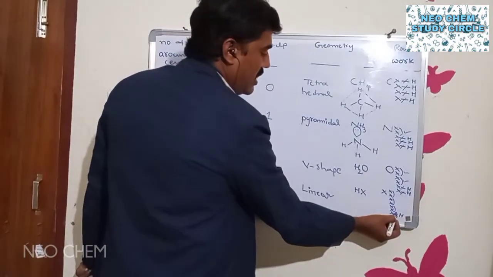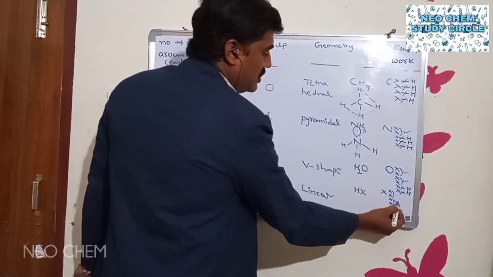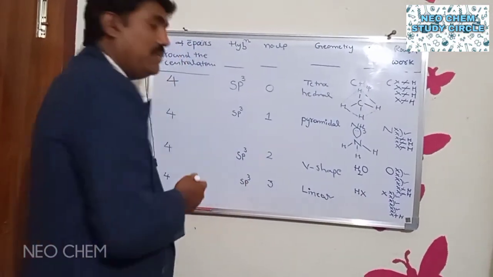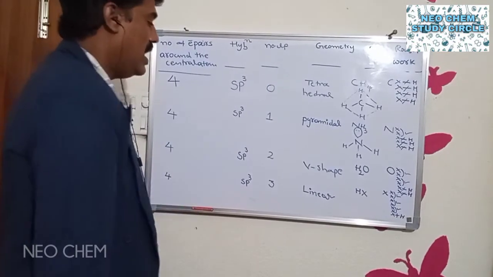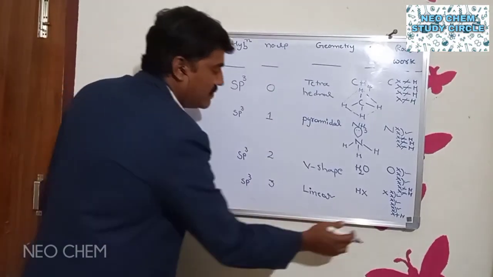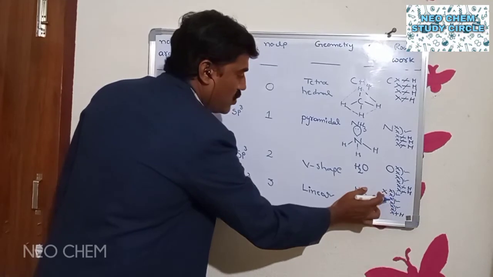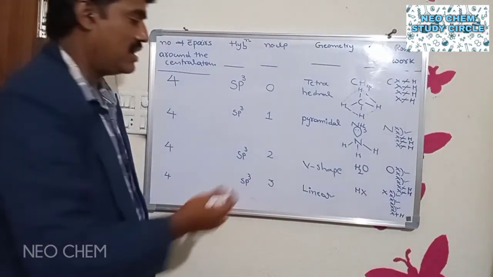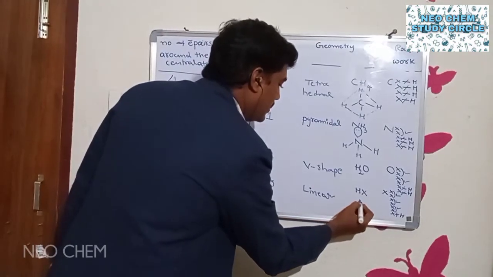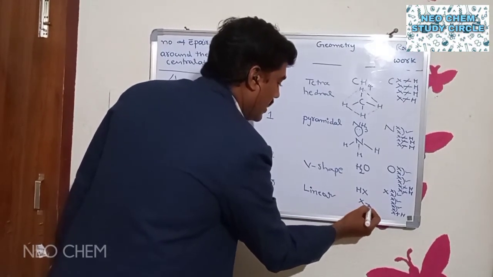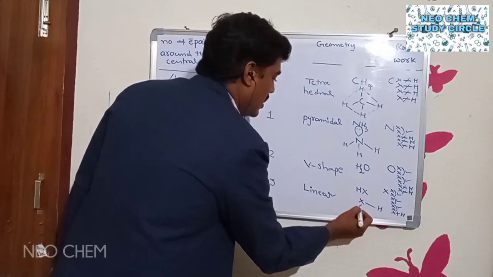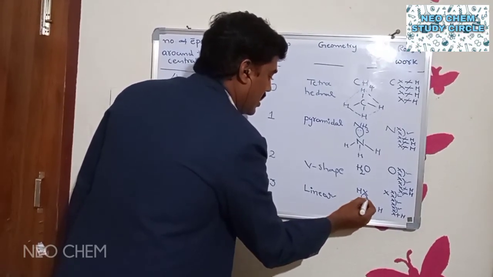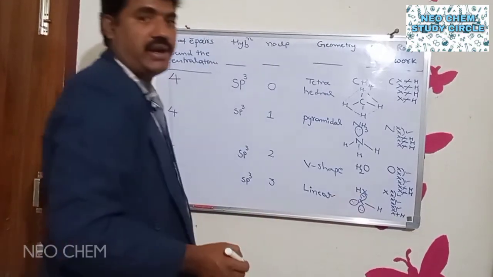So totally 1, 2, 3, 4. So hybridization is sp3. After sp3 hybridization, as there are 3 lone pairs over the central atom, its geometry is linear. Right, like this. Linear. This is the linear geometry.